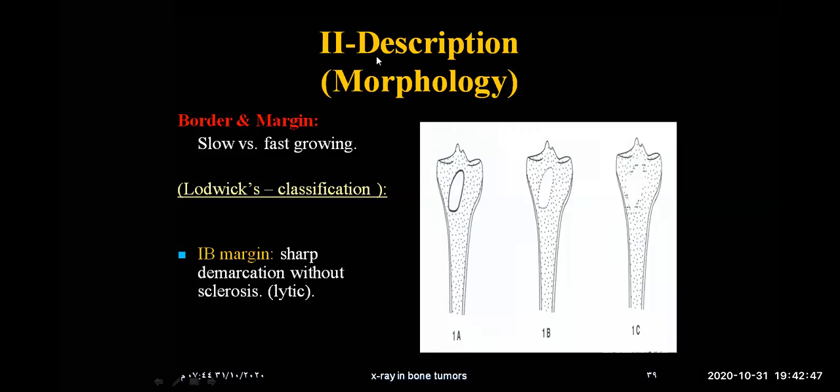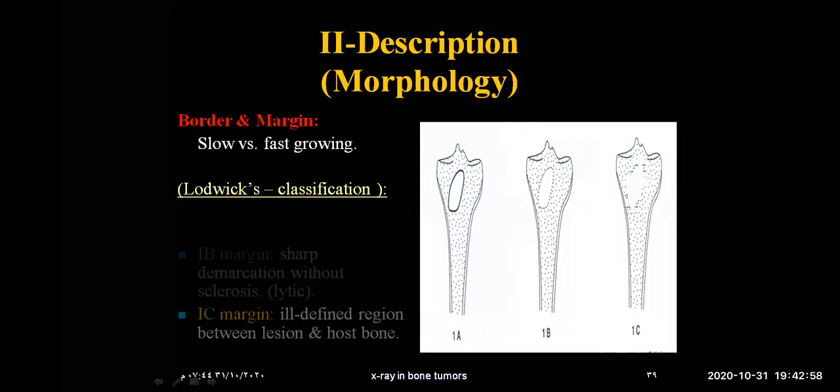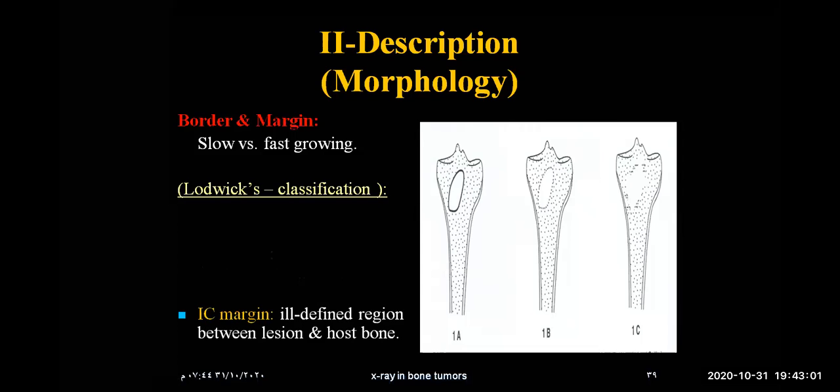Why? Because here the bone has time to isolate the tumor, here it has less time, and here it is an ill-defined region between the lesion and the host bone. You cannot know where the border between the normal bone and the lesion is. This is what we call a wide zone of transition, and this implies malignancy. So A is most likely benign, and this one is most likely malignant.